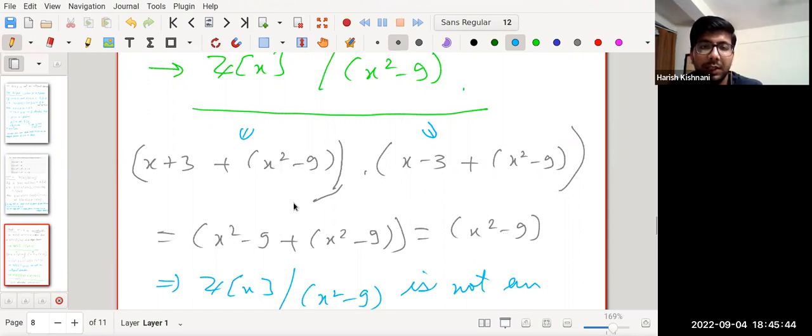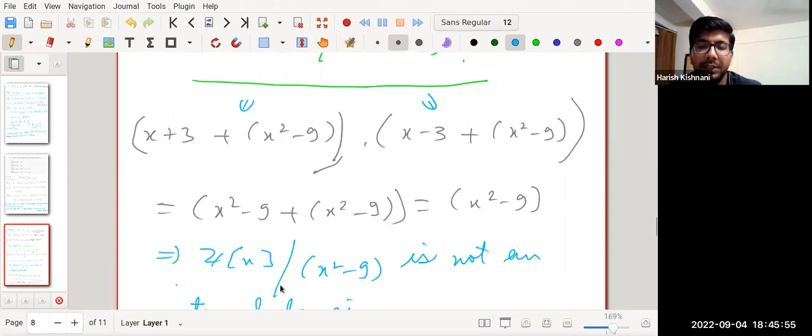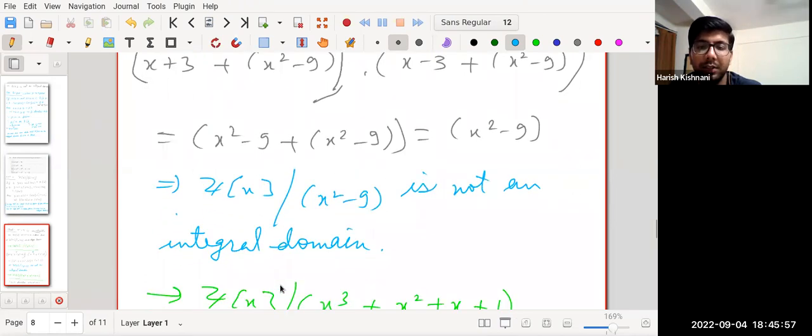So these are two non-zero elements such that their product is a zero element in this ring. So thus ℤ[x] modulo x² − 9 is not an integral domain.